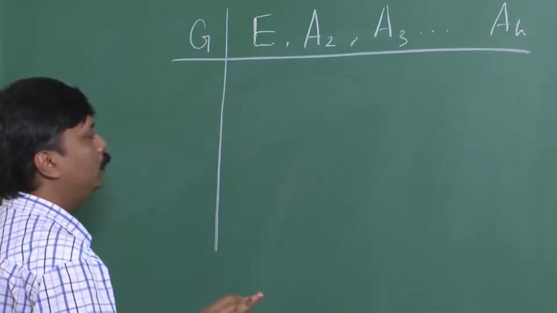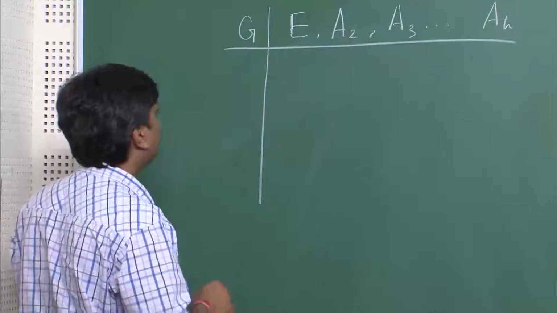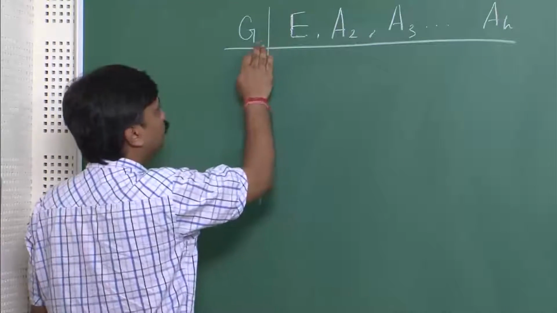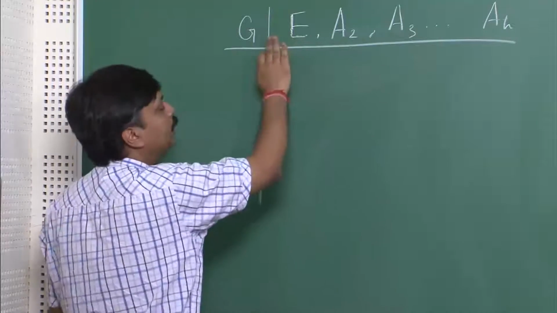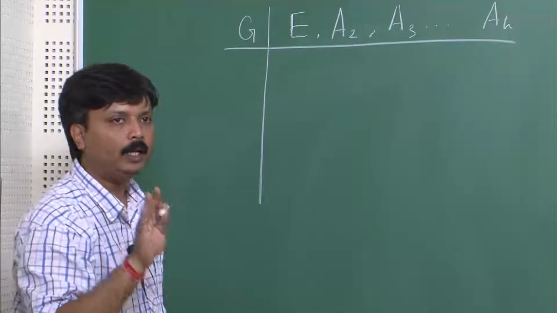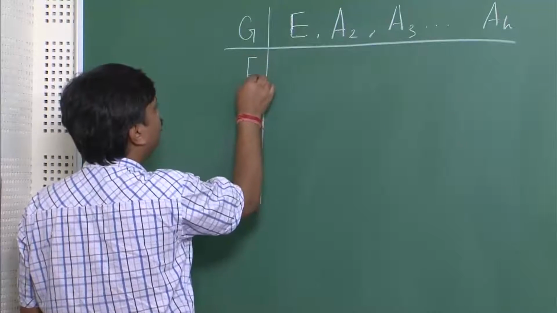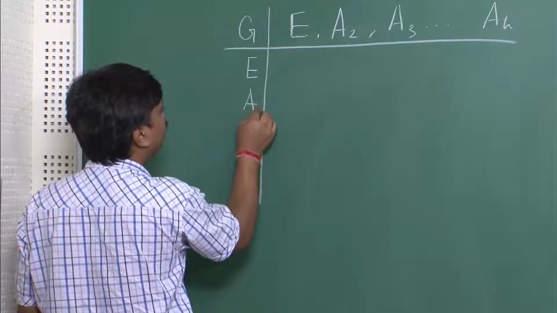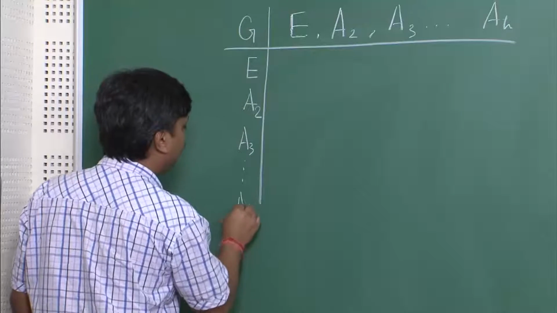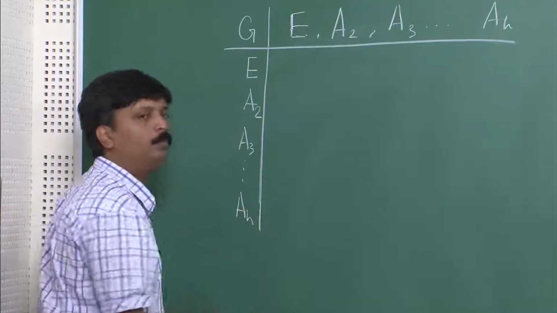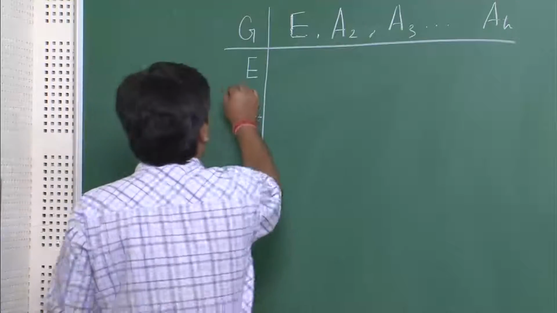Then what we do in order to get the group multiplication table is the following. So we write also the same symmetry operations, or in general in case of a group we write all the elements that are there in this group in the column also in the same order. So we will write E, A2, A3 up to AH. So by now you probably have figured out what we are going to do next.